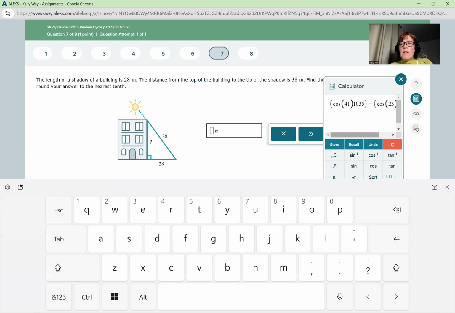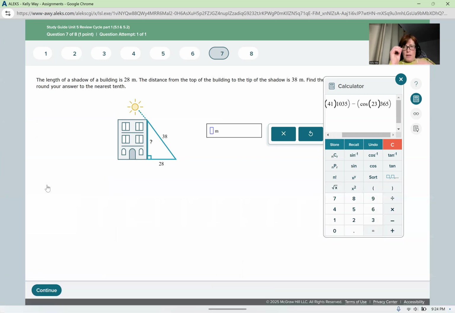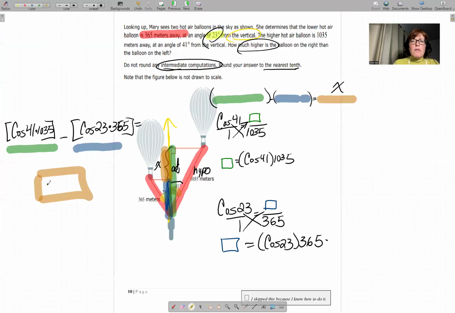Got it? And enter. Ta-da! And we get 445.1. We want to round to the nearest tenth, so our x here is 445.1, check units, meters.